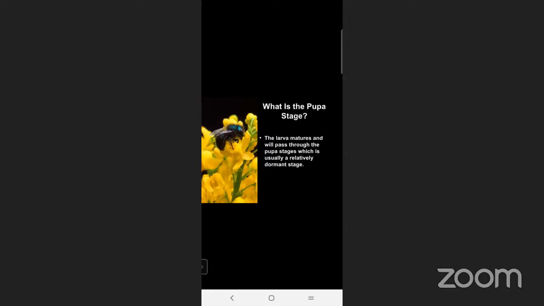So in the head part, we'll see slightly hard sclerites which join one another, and in between them we'll find a suture. That line of formation we are calling a suture.